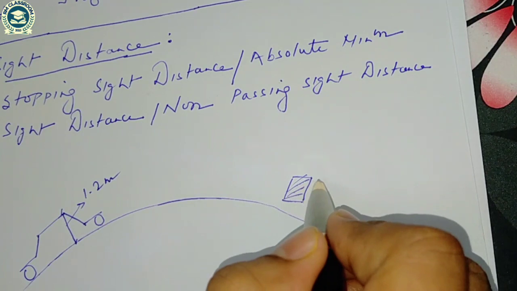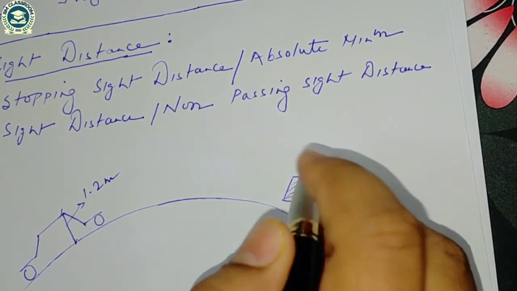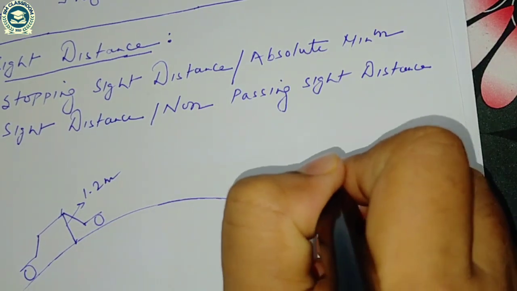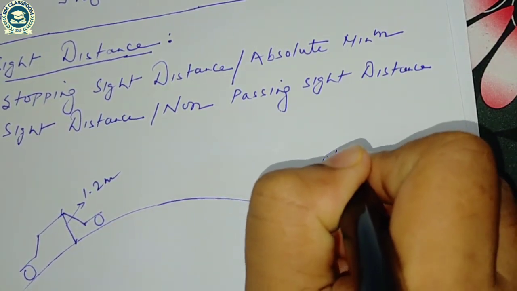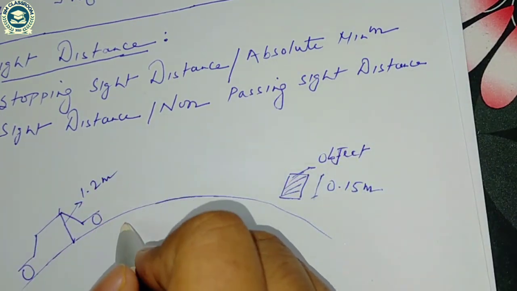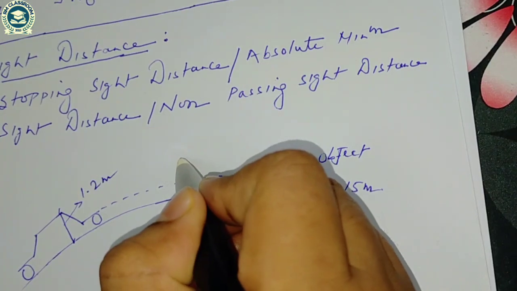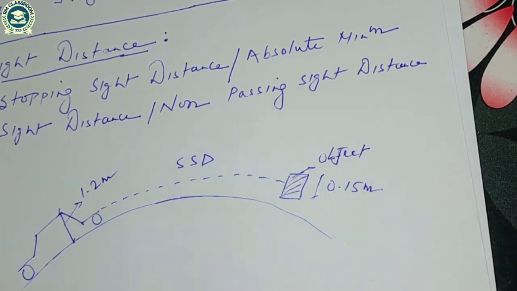The height of the object according to the IRC is 0.15 meter. This is the object, and this distance is the stopping sight distance.